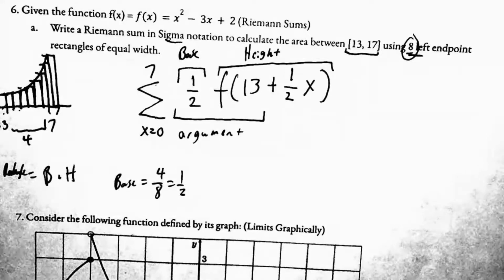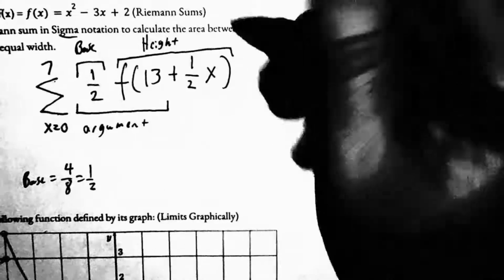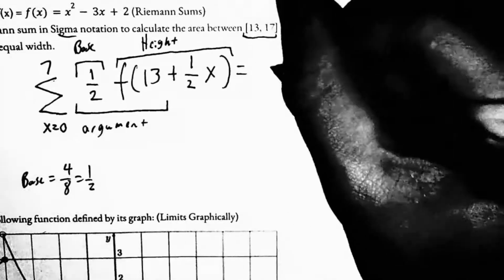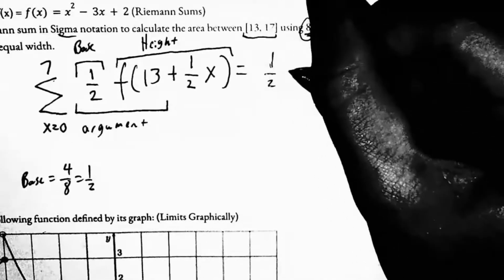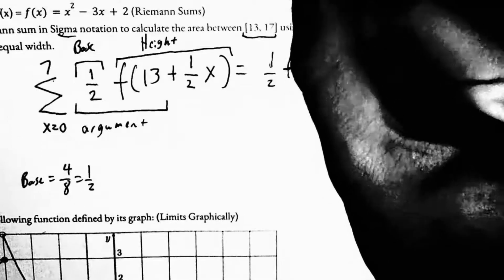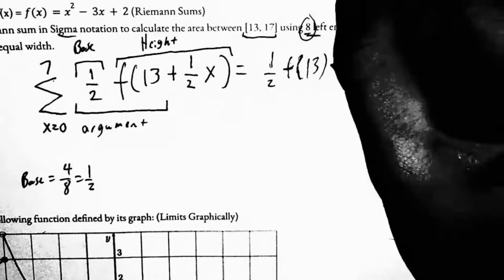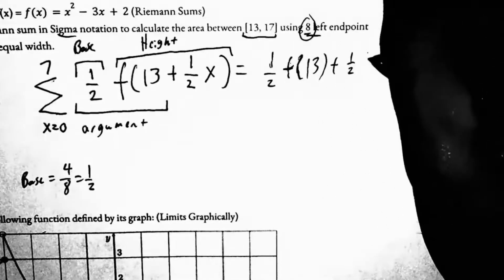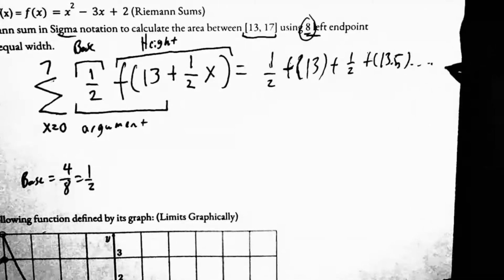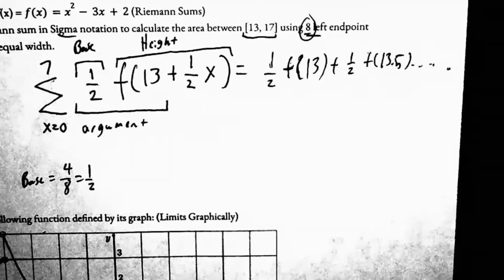Okay? I mean, I can expand this a little bit just so you're seeing what's going on. This would get you 1/2 times f of 13 plus 1/2 times f of 13.5, and so on until we got to 16.5.